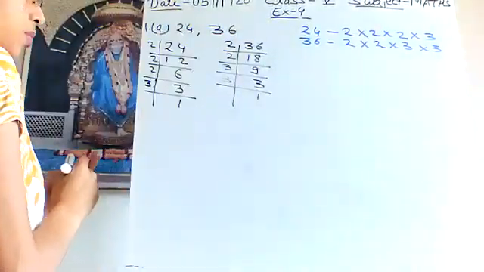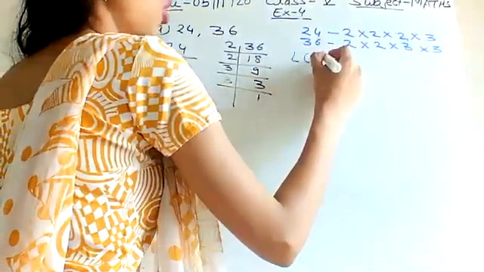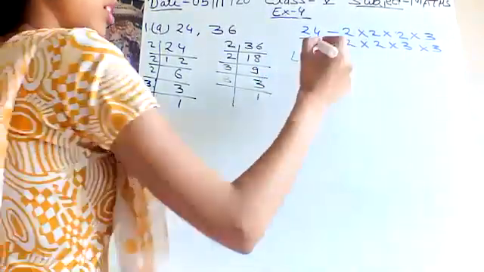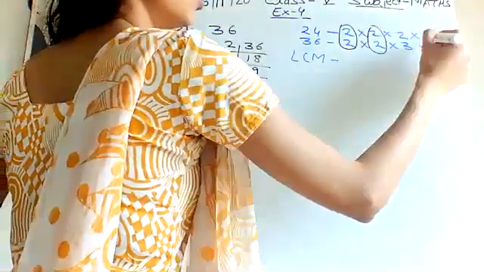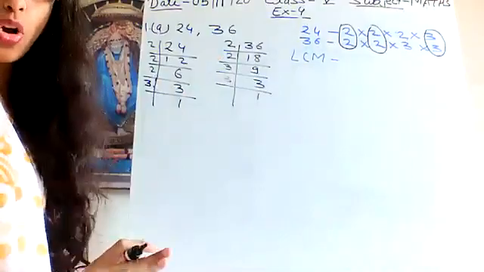So first LCM, what I told you, LCM is the product of common factors and uncommon factors. Okay? So पहले हम common factors consider करेंगे. Common factors क्या है? ये 2, this 2 also, and this 3. And this 2 and this 3 is uncommon.